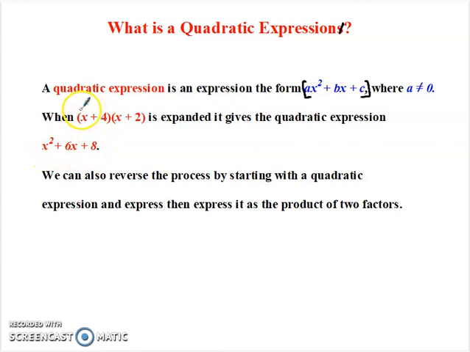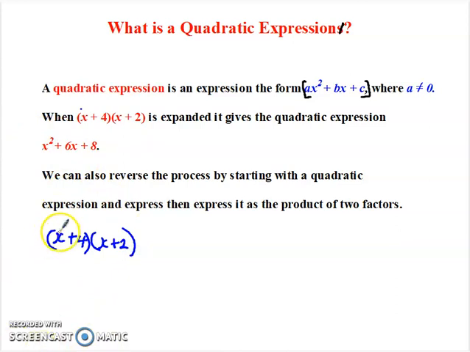So this is basically saying that whenever you expand x plus 4 and x plus 2, it will give you x squared plus 6x plus 8.